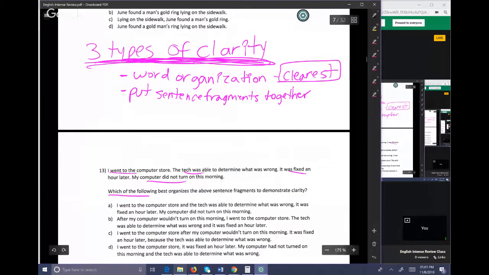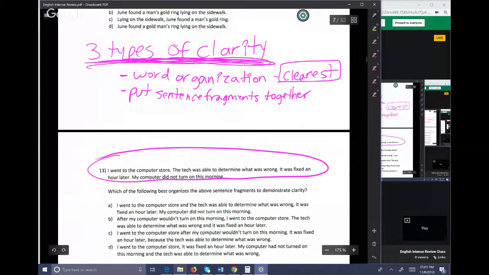They'll say something like, which of the following best organizes the above sentence fragments to demonstrate clarity? So that's where you actually have to take the pieces. They're already separate. This is where I get the idea that I was just working with these examples of listing out your components, is this actually does list the components. So you will get situations where they list the components and they ask you, how do we put them together?